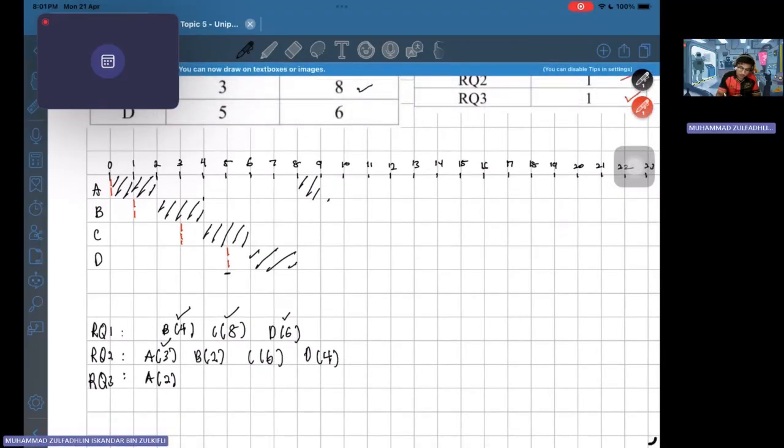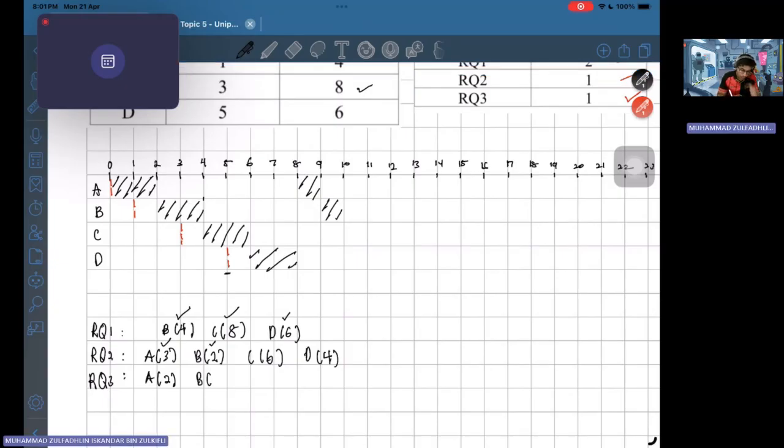Then B runs its 1 quantum, and it is moved to the lower priority queue. And C runs 1, and it moves to the lower level of queue. The remaining service of C is 5, and we do the same for D, moving it to the lower level priority.